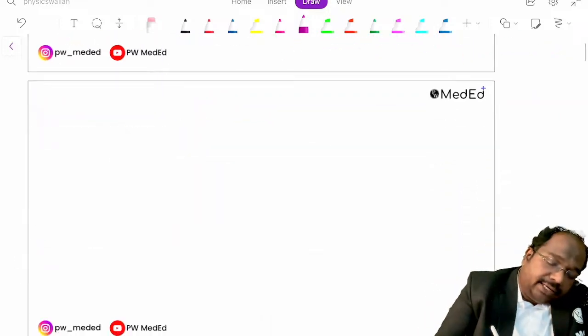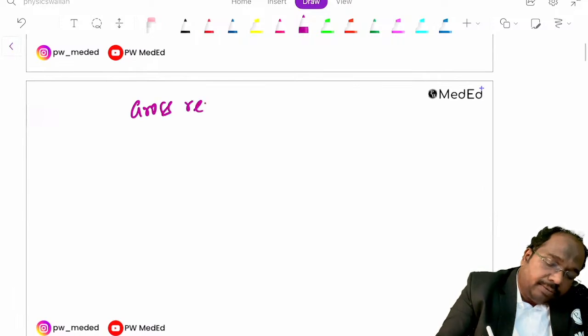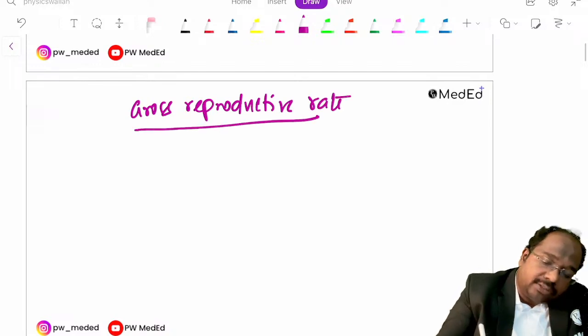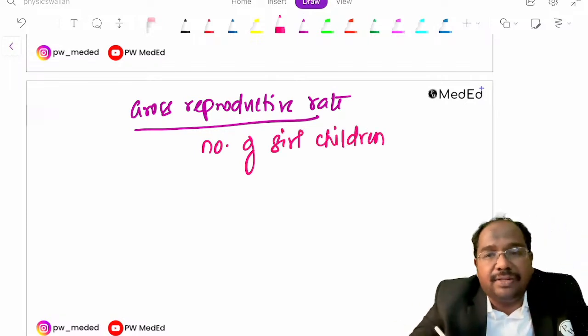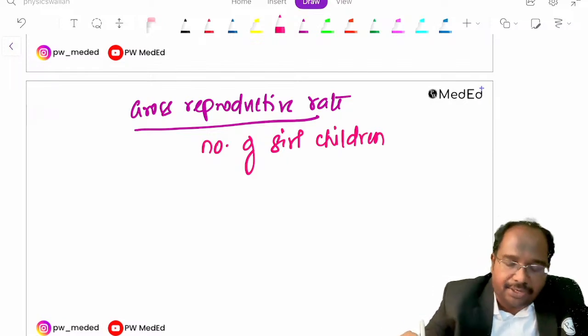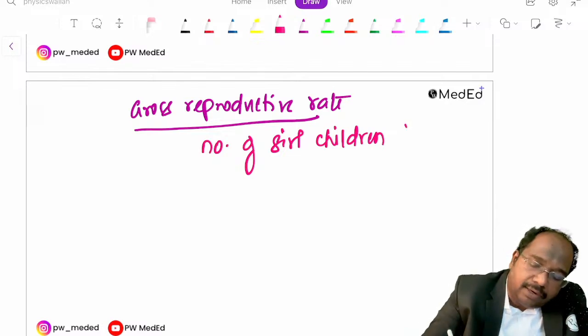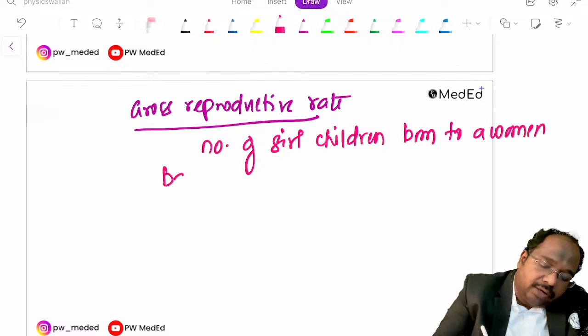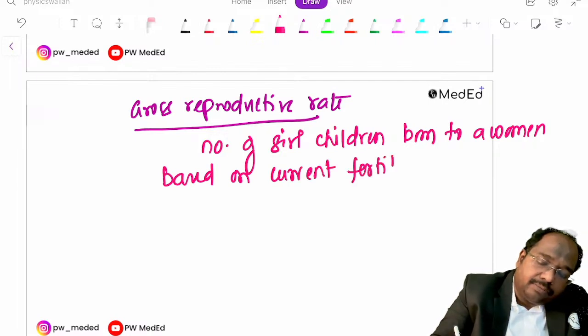One more indicator is gross reproductive rate. What is gross reproductive rate? It is the number of girl children born to a woman based on current fertility, assuming no mortality.